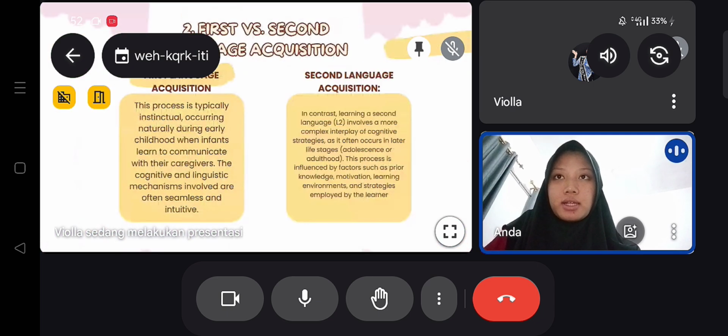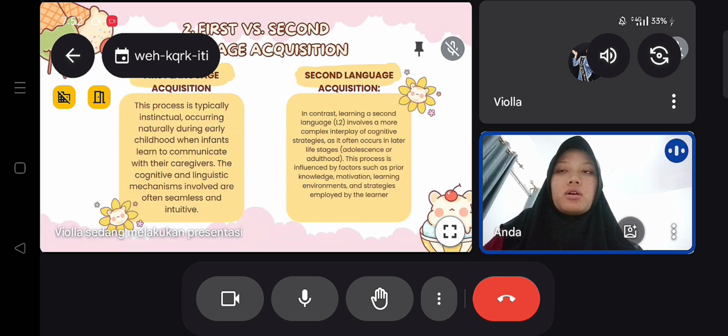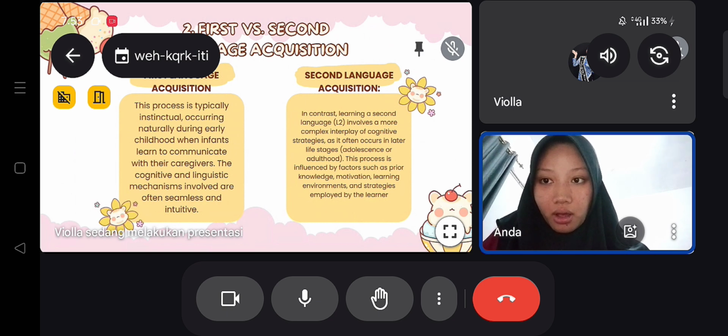And the next, number two, first versus second language acquisition. First language acquisition is typically instinctual, occurring naturally during early childhood, with infants learning to communicate with their caregivers. The cognitive and linguistic mechanisms involved are often seamless and intuitive.